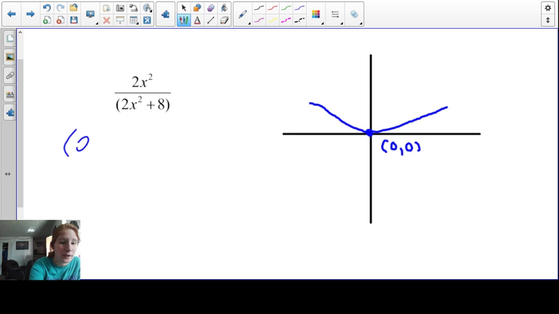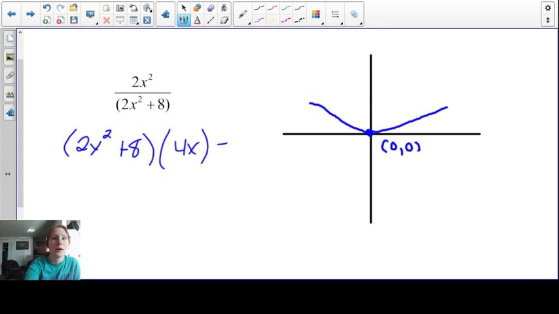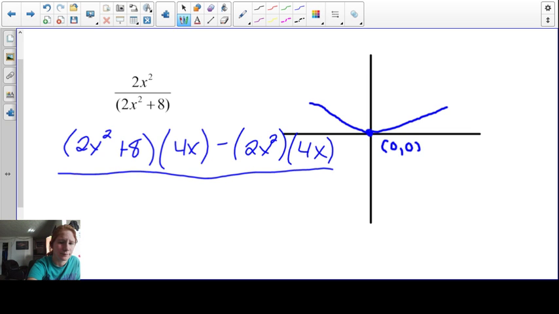So I have 2x squared plus 8 times the derivative of the top, which is going to be 4x. Minus the top function, so 2x squared, times the derivative of the bottom, which will give me 4x. All over the bottom thing squared.